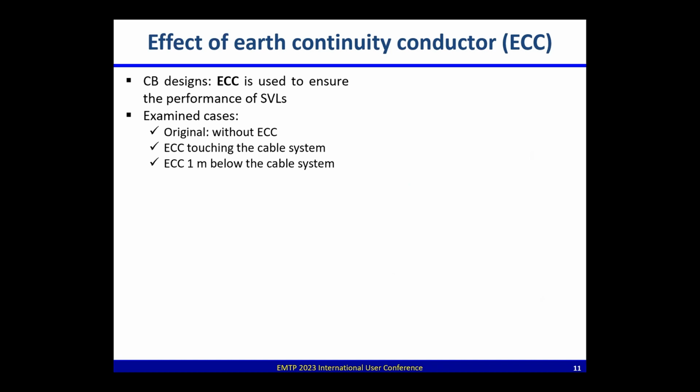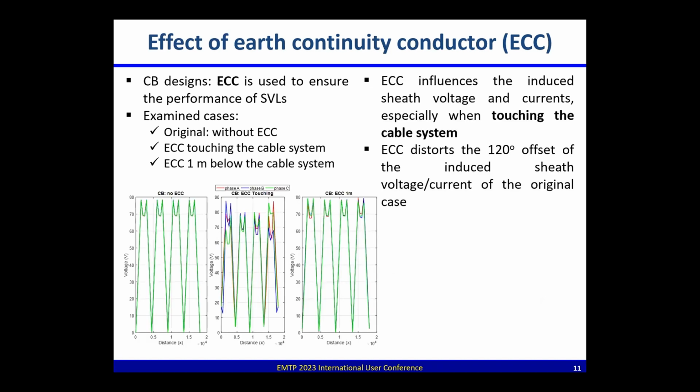In the second case, the ECC is installed very close to the cable system, so it touches the cable system. And in the third case, the ECC is below the cable system. There is no specific guideline in either CIGRE or IEEE on exactly where we should put the ECC. So we investigate this influence at different locations.